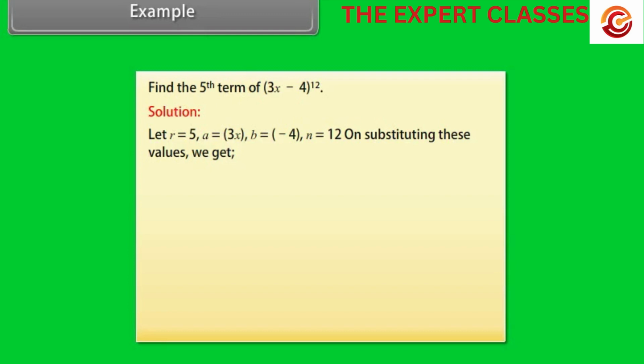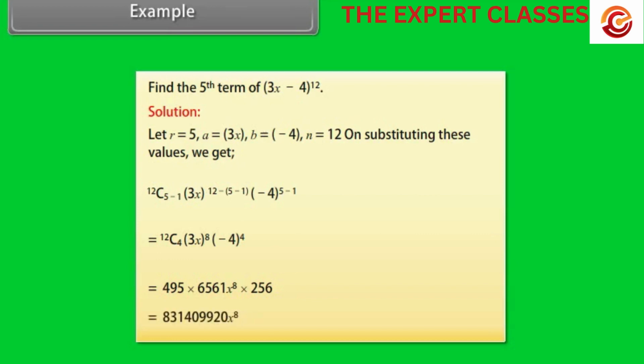On substituting these values, we get 12C(5 minus 1) into (3x) raised to the power 12 minus (5 minus 1) into (minus 4) raised to the power 5 minus 1, which is 1409920 into x raised to power 8.